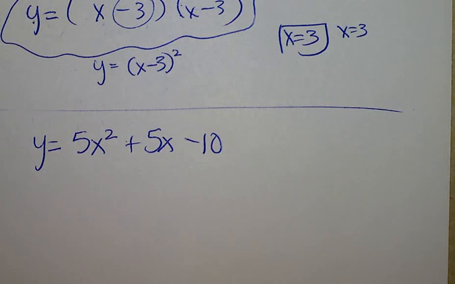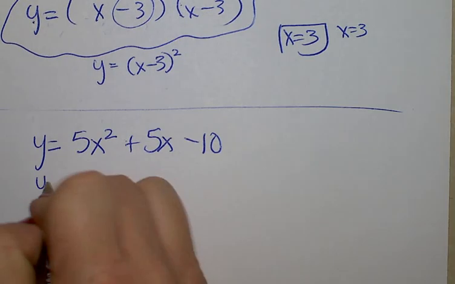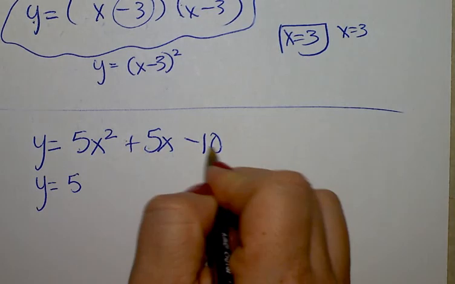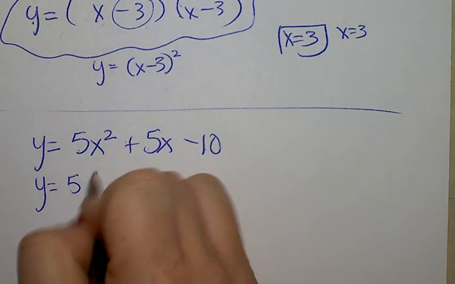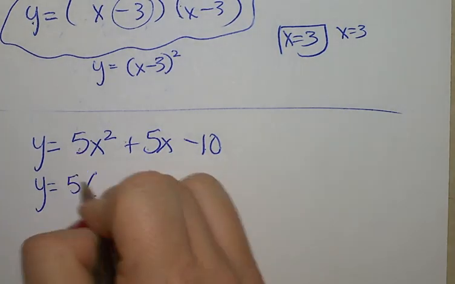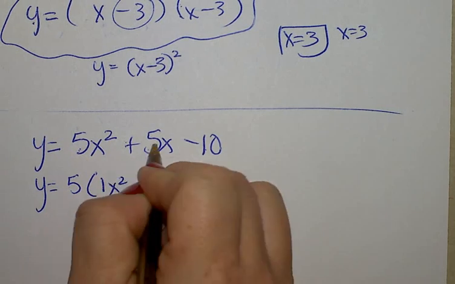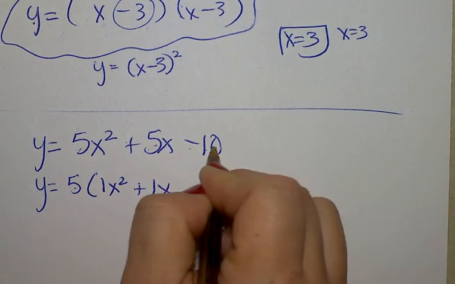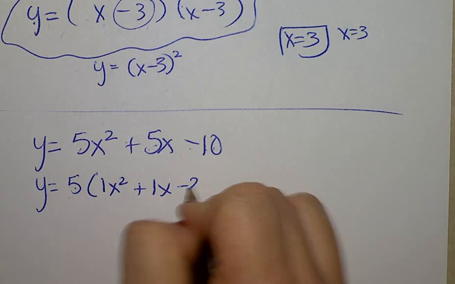Couple different things we can do here. One is we could factor out some numbers, and that may help us. Let's factor out a 5 because each one of these numbers is divisible by 5. That would leave us with 5 divided by 5 is 1, 5 divided by 5 is 1, and negative 10 divided by 5 is negative 2.